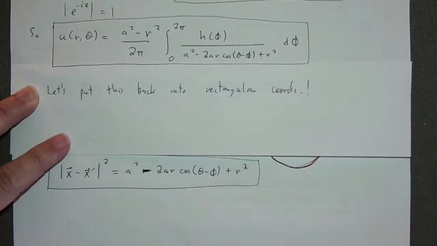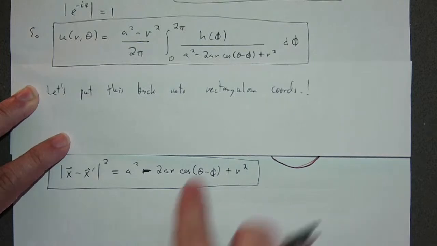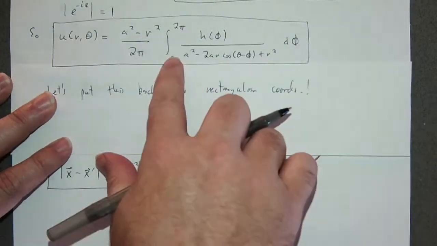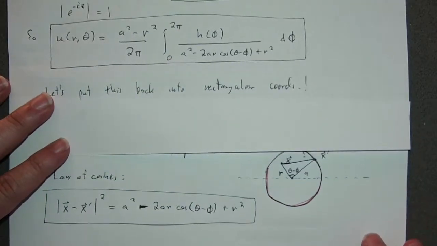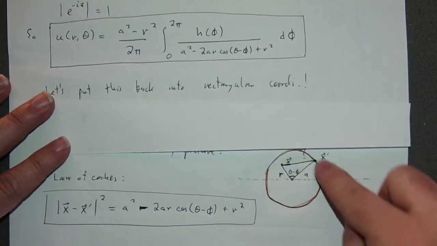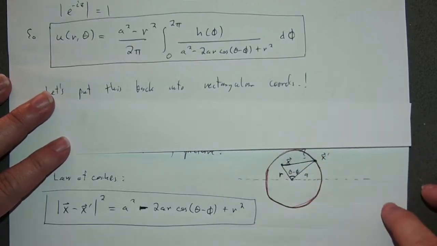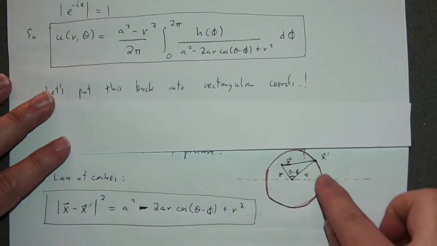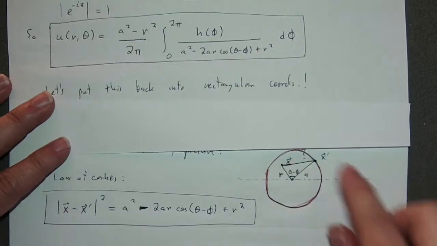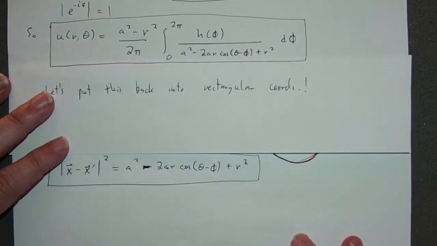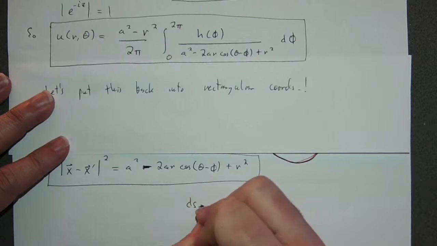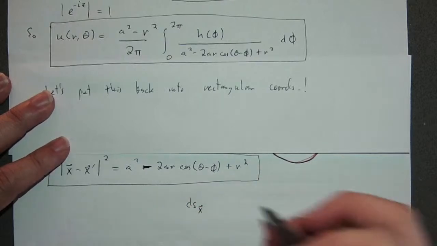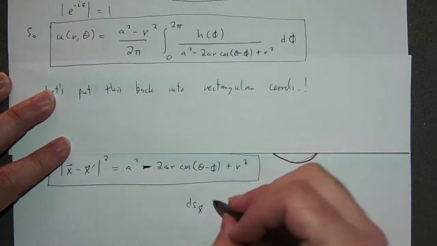Well, note that if I am going to rewrite this integral in terms of an integral around this curve, you can think about that as a surface integral or a line integral, however you want to think about that. If I do this with respect to this x prime, then note that ds sub x prime is a d phi.